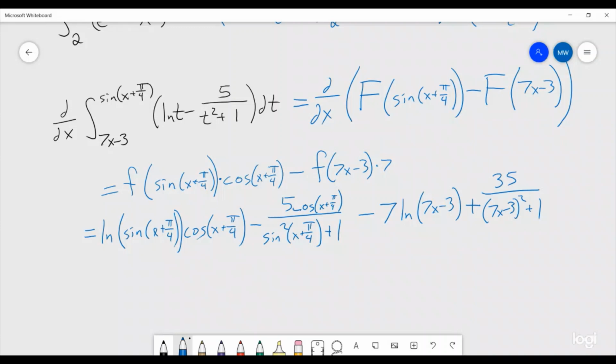And that is going to be this derivative. So we're able to combine them and rewrite them a little bit to be able to get nicer problems.